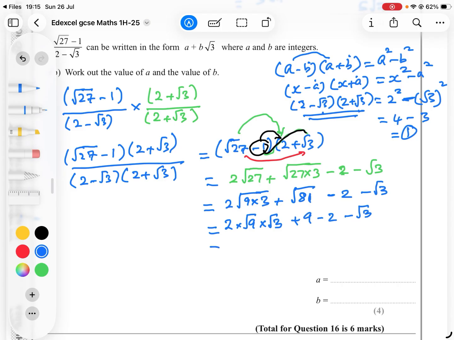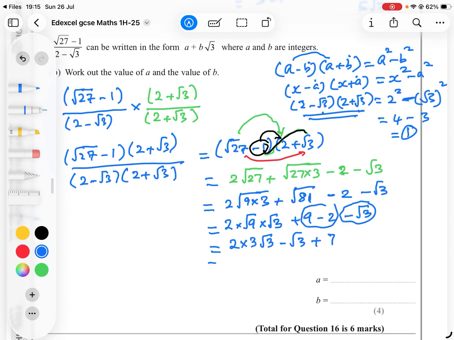So now which equals 2 times square root of 9, 3, times root 3, plus 9 take away 2, 7, take away square root 3.